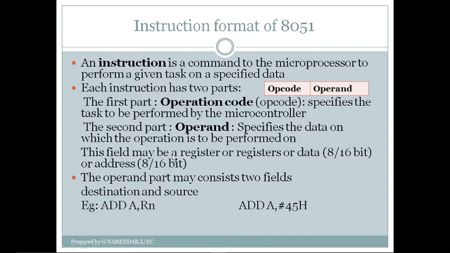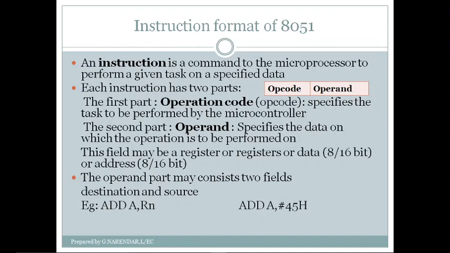Operand specifies the data, so the data can be specified by a register, or by registers, or by 8-bit data, or by 16-bit data, or by an 8-bit address of any memory location, or a 16-bit address of any memory location.